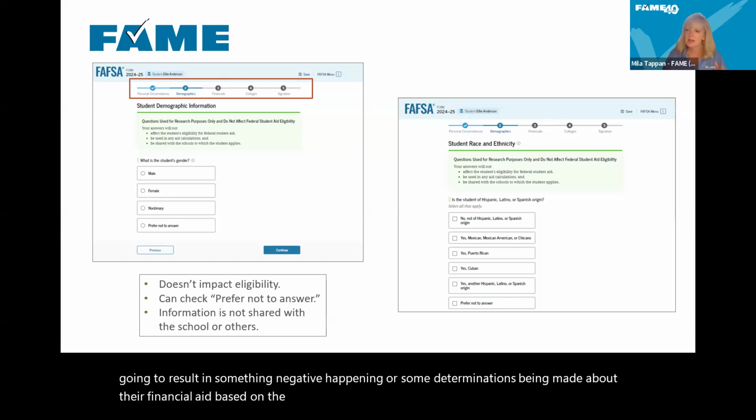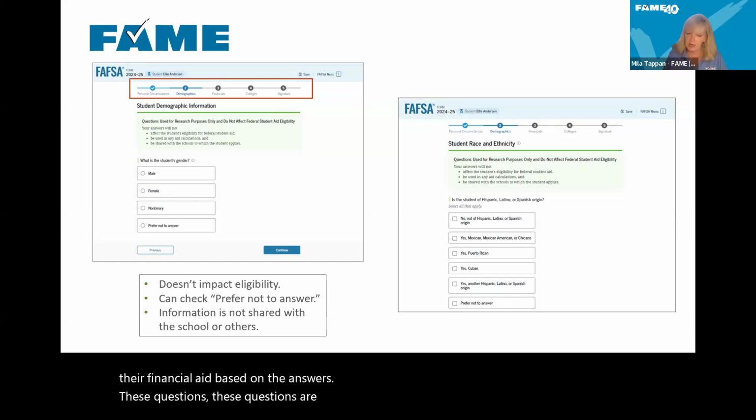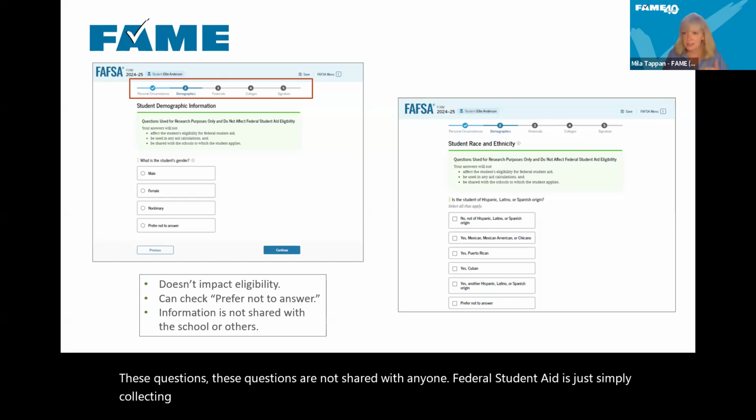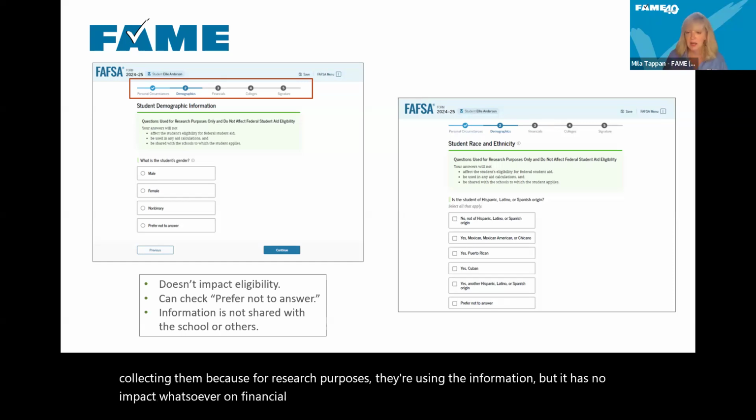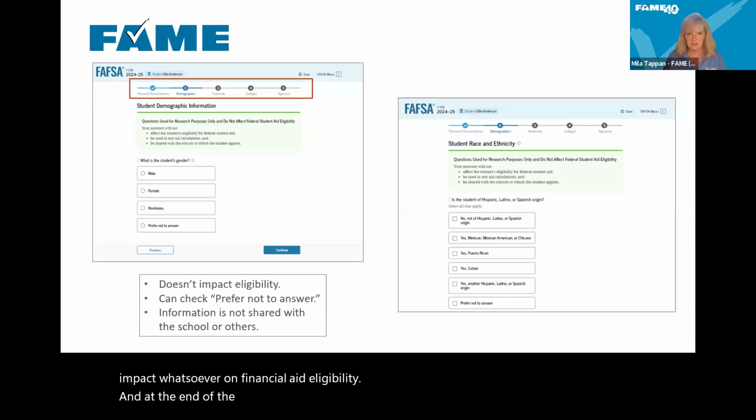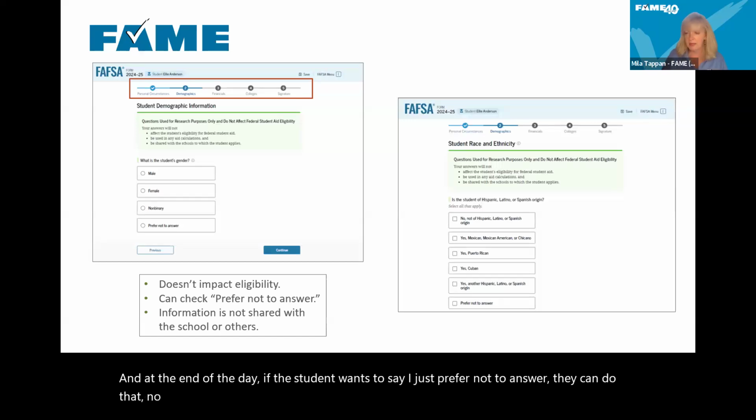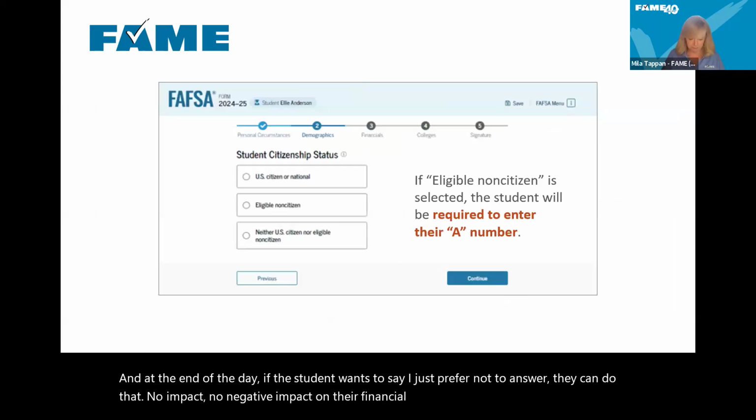These questions are not shared with anyone. Federal Student Aid is simply collecting them for research purposes, but it has no impact whatsoever on financial aid eligibility. And if the student wants to say they prefer not to answer, they can do that, with no negative impact on their financial aid eligibility.